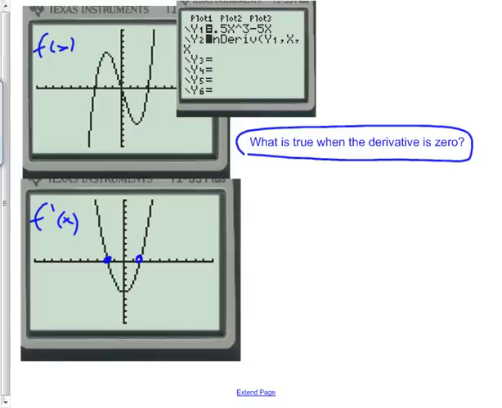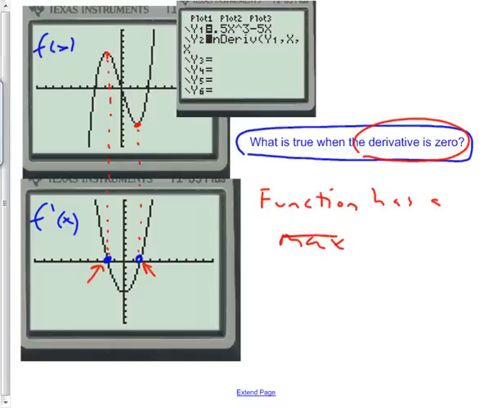And if we were to go up, what we see is when the derivative is 0, right here, the derivative being 0, the function has a max, and let's use better language, a local max, or local min.